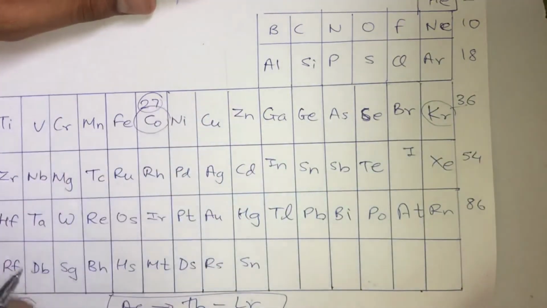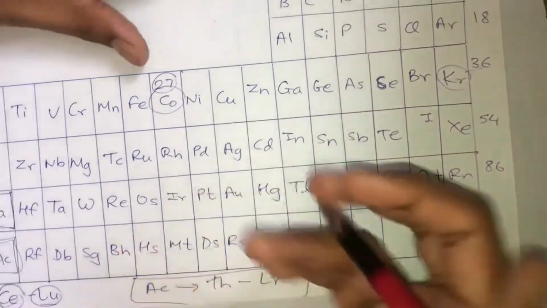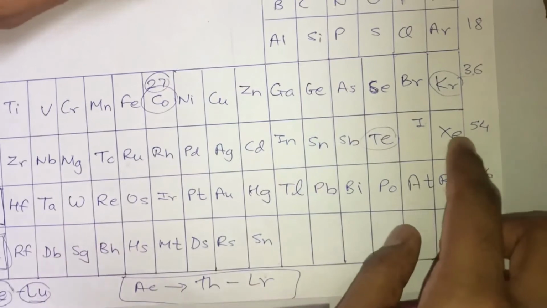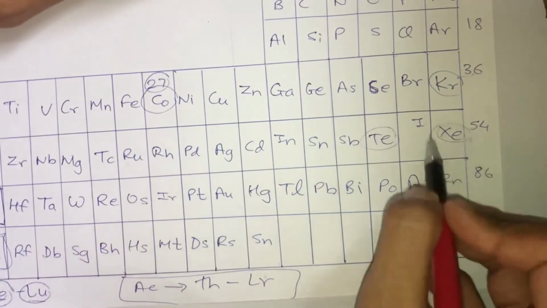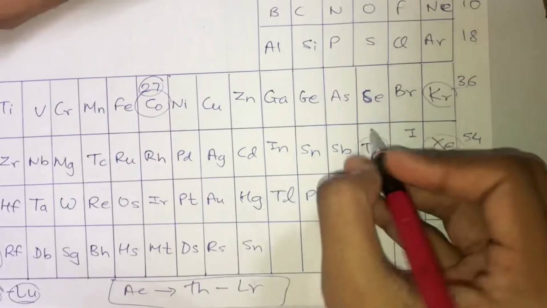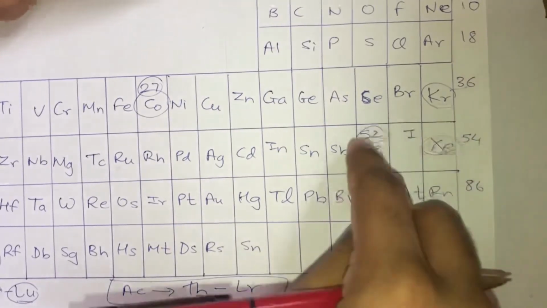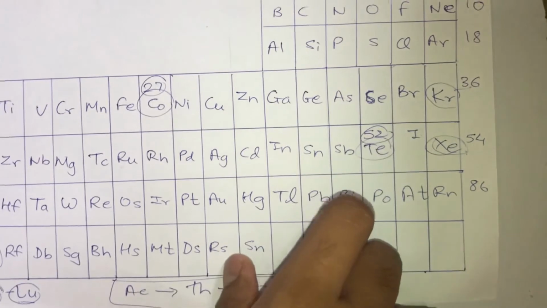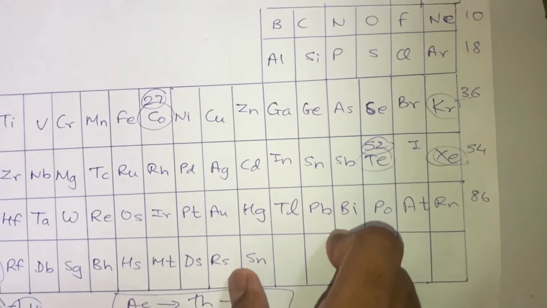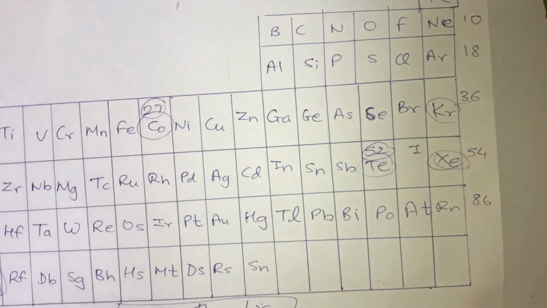Similarly, if I want to find out for Te, so what I am going to do, 54 is for xenon. So the atomic number of xenon is 54, 53, 52. So guys, from this you can not only remember the name of the elements, but you are now able to know the atomic number of any element that you want to.